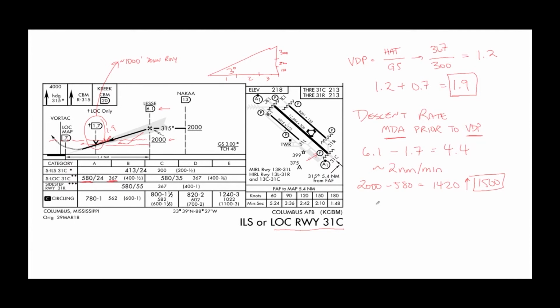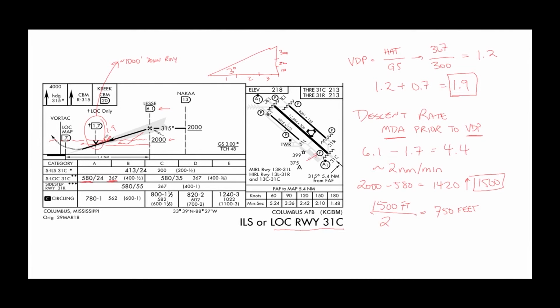Well, if I'm traveling at 2 nautical miles a minute, I'm losing 1,500 feet, and I'm going to divide this by 2. For every minute, I need to lose about 750 feet to get down from my FAF to my VDP.